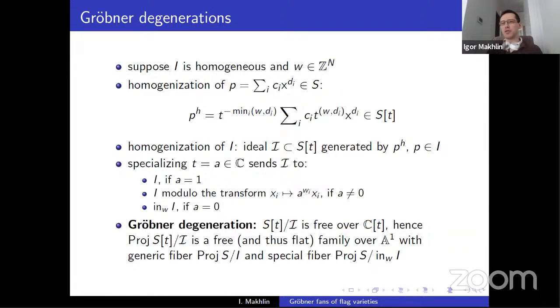Well, you need to make some assumptions at least. You can say something similar when I is not necessarily homogeneous, but then you'll have to make stronger assumptions on W. You'll have to assume, for instance, that W has non-negative coordinates. And here we actually do not require this. But of course, in some form, this also works for affine varieties, or affine schemes.